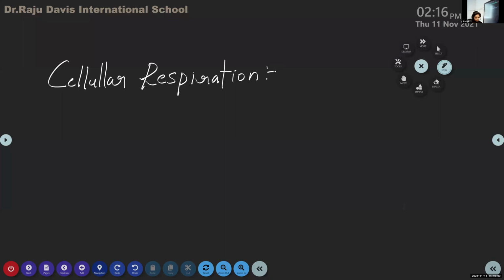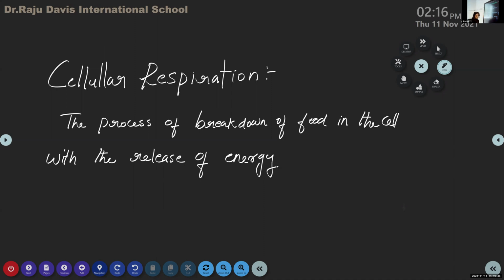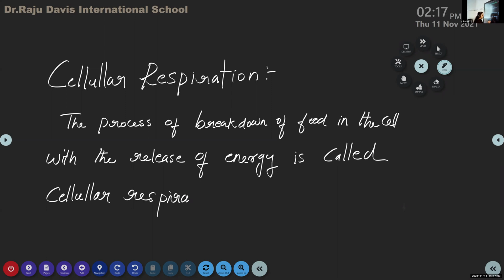The process of breakdown of food in the cell with the release of energy is called cellular respiration.